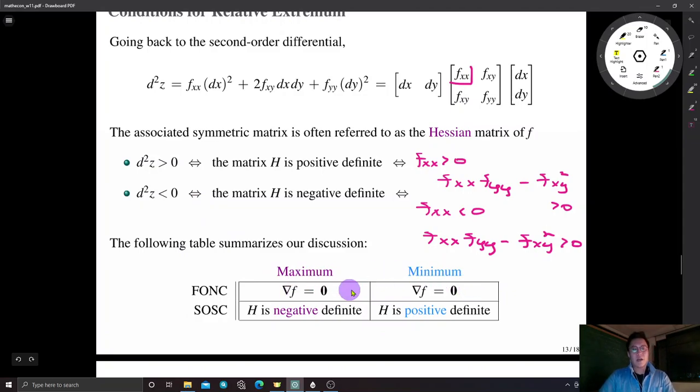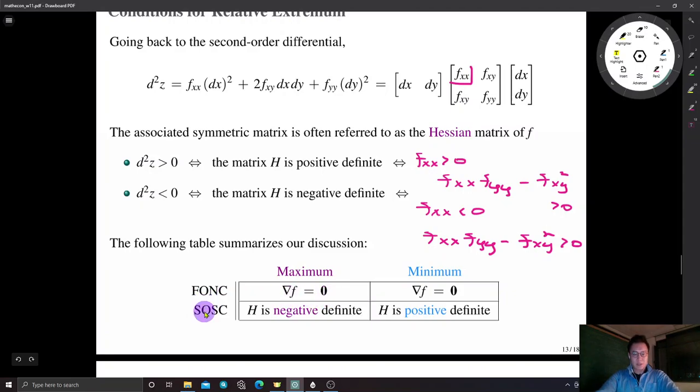So if the function depends on 2 or 3 or, no matter how many variables, it does not matter, okay? The first order condition for a local maximum is that the gradient, or the partial derivatives, for dz should be equal to 0, okay?